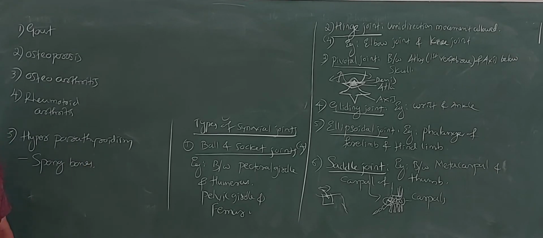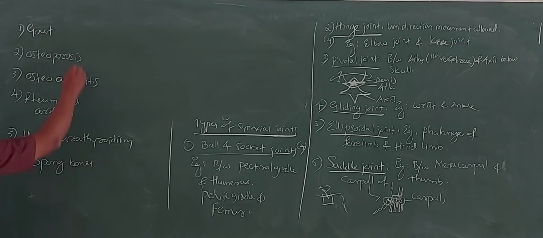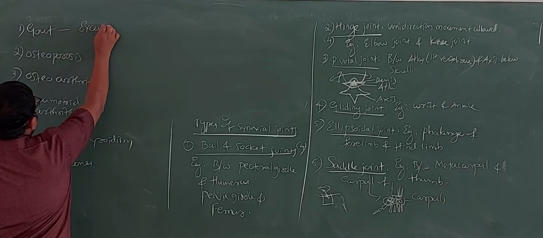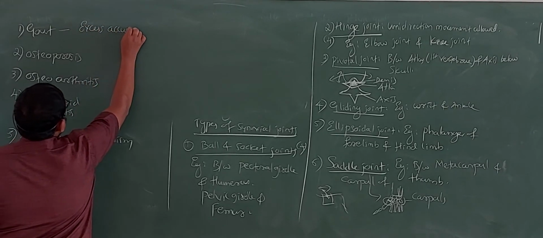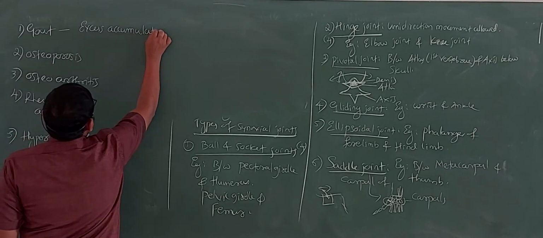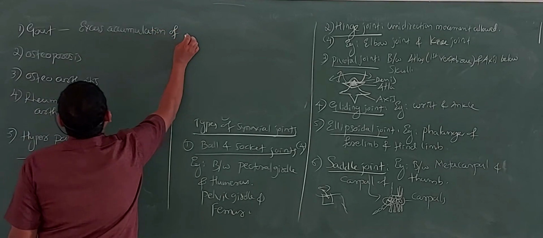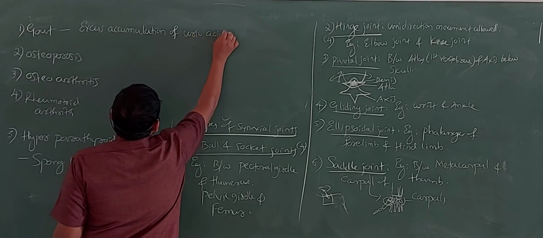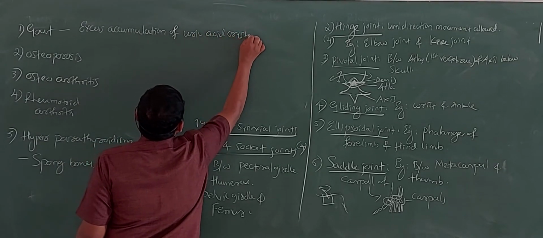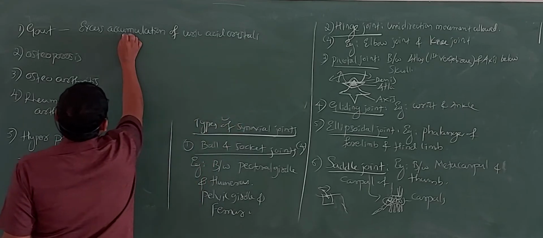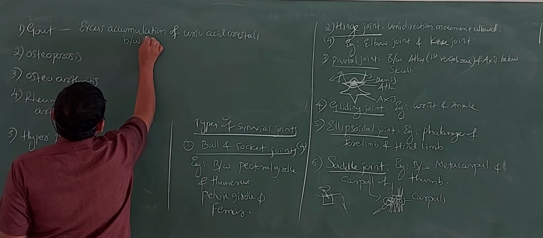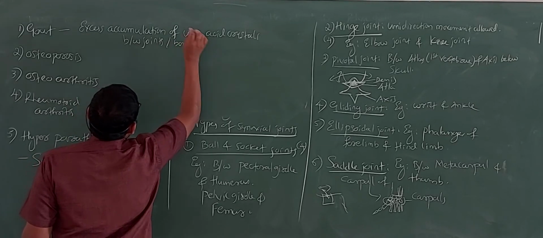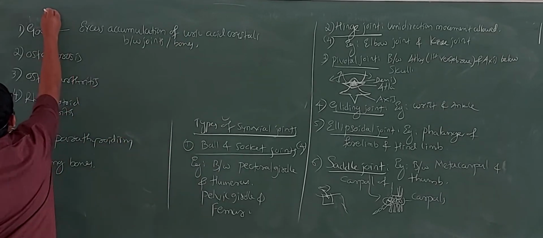So what is gout? Gout is the excess accumulation of uric acid crystals between the joints or the bones. Skeletal disorders.